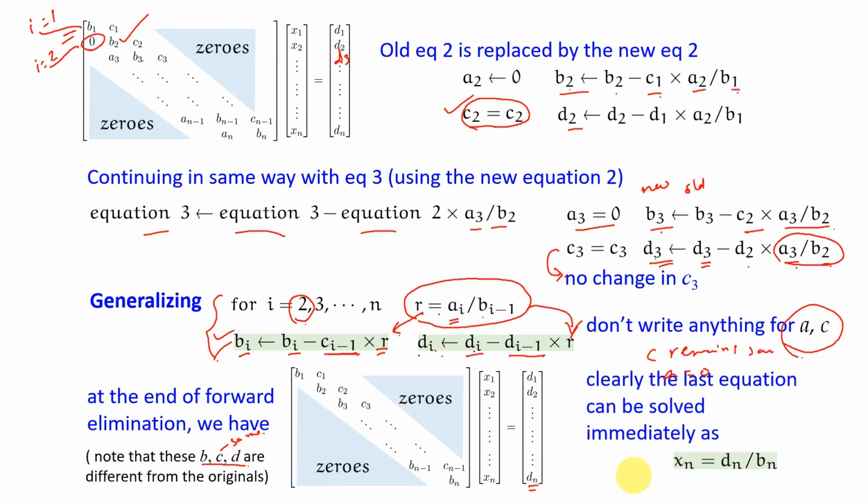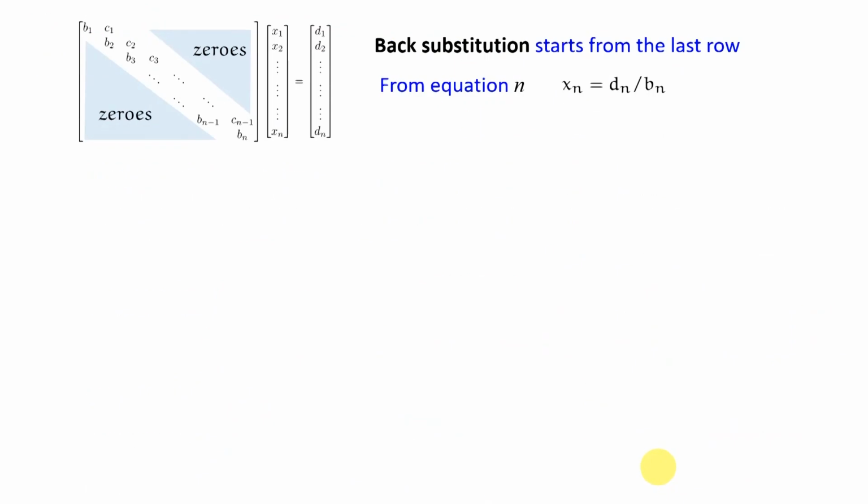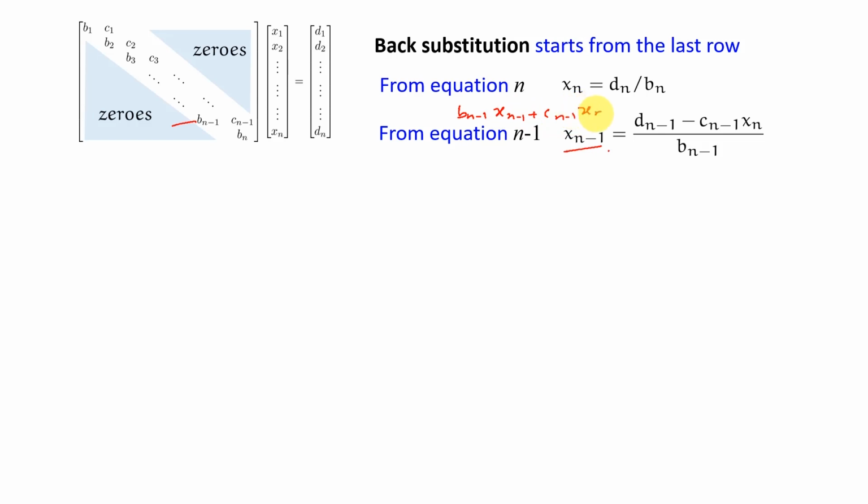We can see that in the last equation we have no problem. We can now solve this last equation and find xn as dn by bn. Then for xn minus 1, we come to equation n minus 1, which represents bn minus 1 xn minus 1 plus cn minus 1 xn equals dn minus 1.